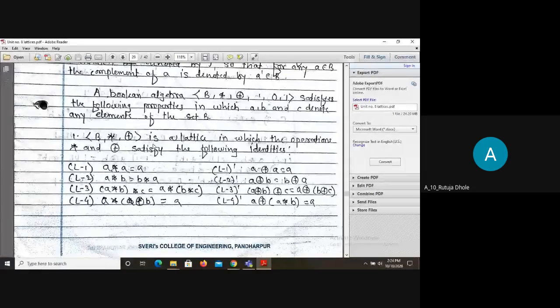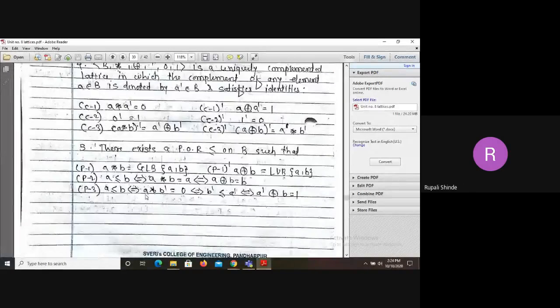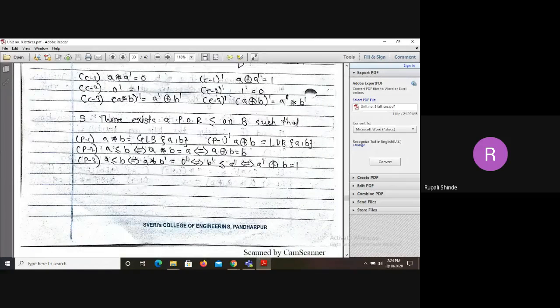Okay, second one. Here we have written A is less than equals to B. Means A and B are related by this partially ordered relation.